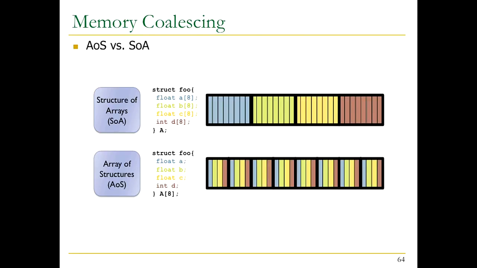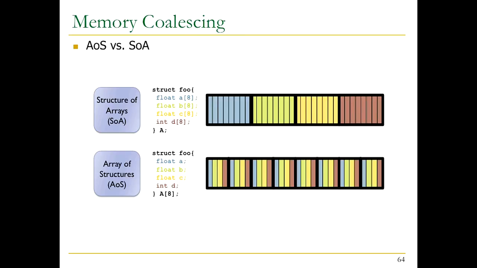In this case, 3 floats and 1 integer. As you know, this array of structures is laid out in memory like in this picture that you have in the slide. But probably this is not going to be a good deal for the GPU.